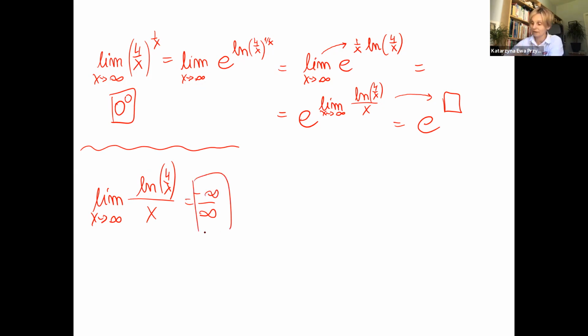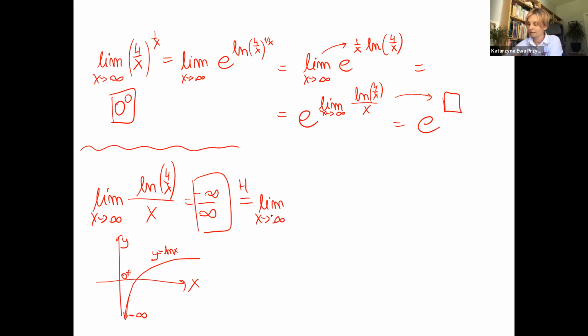I think I drew, yeah, this is the logarithmic function and goes down at 0 from the right hand side, ln of x. Infinity over infinity, doesn't matter if it's negative or positive, it's infinity over infinity, indeterminate ratio form. We are allowed to use the L'Hopital rule. Let's see.